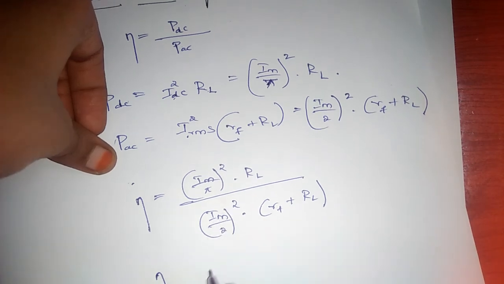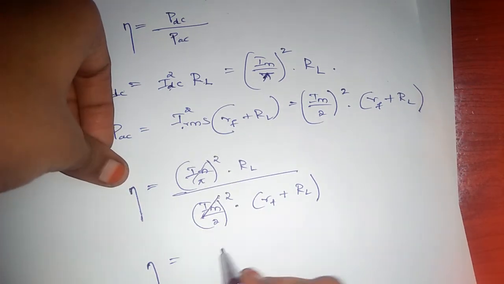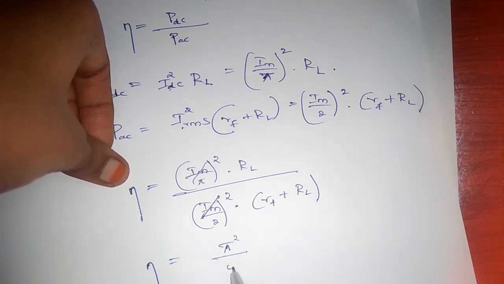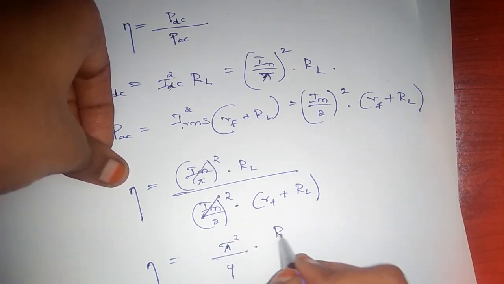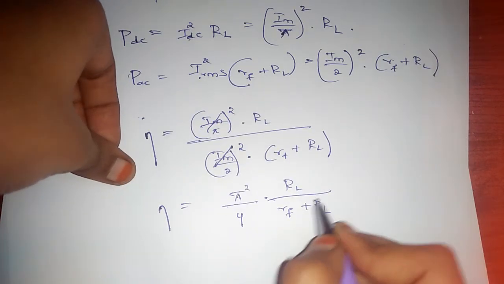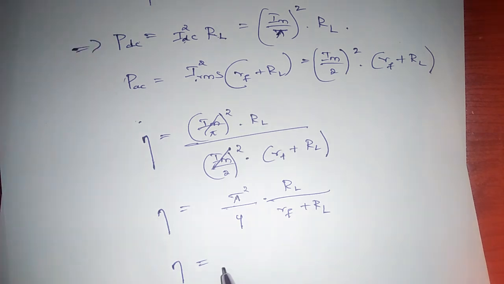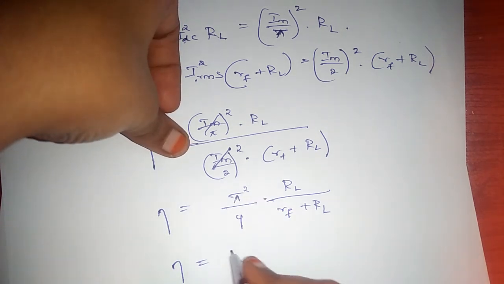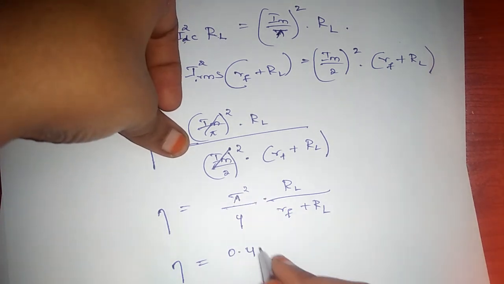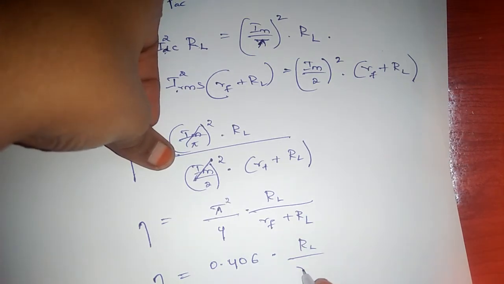So now we cancel this Im, then we get pi square by 4 into RL by RF plus RL. If you calculate, then we get nearly 0.406 into RL by RF plus RL.